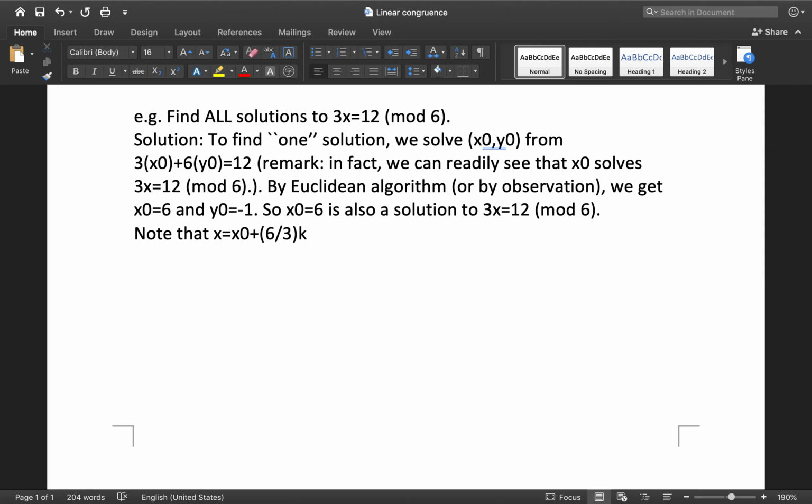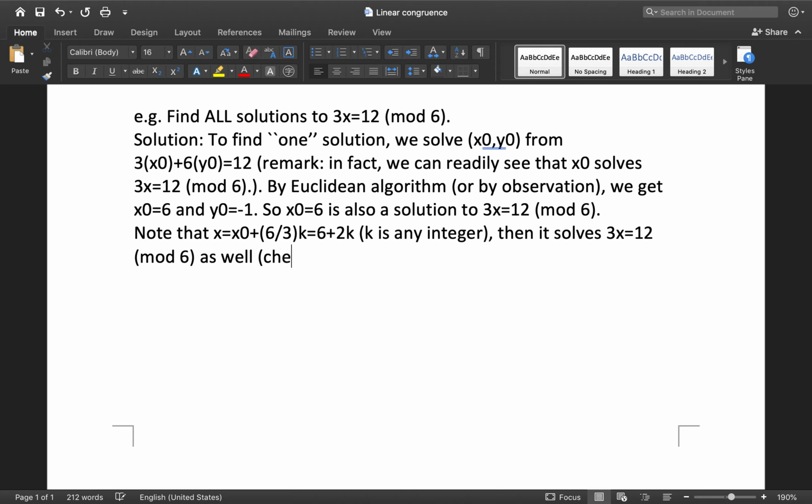I will give you the reason later on why we have to take 6 over 3, but you can check, if you take x equal to x0 plus 6 over 3 times k, that is 6 plus 2k, and k is any integer, then it solves the problem 3x equal to 12 modulo 6 as well.